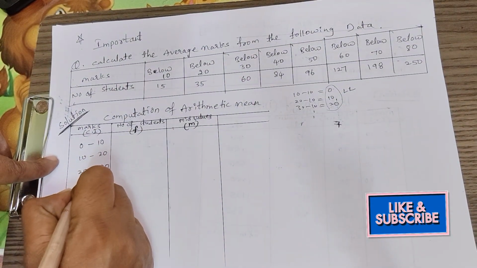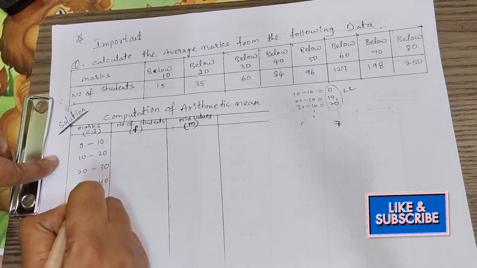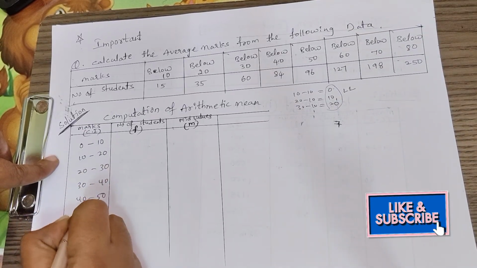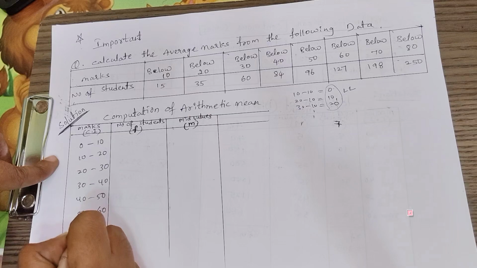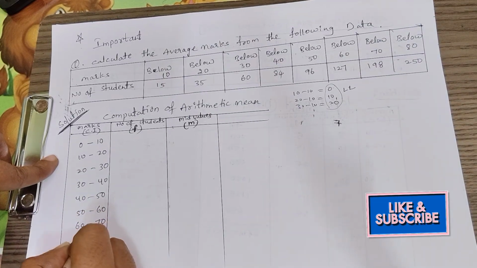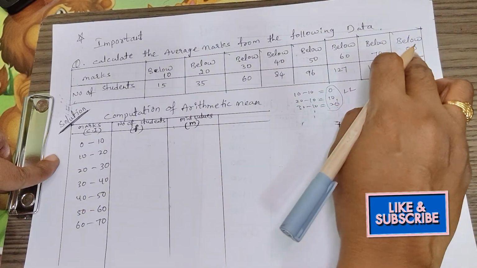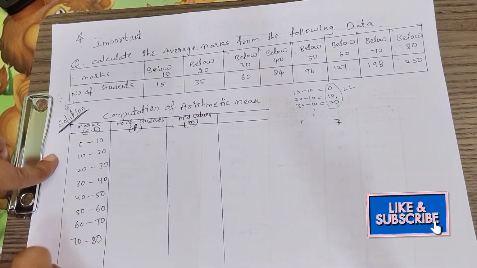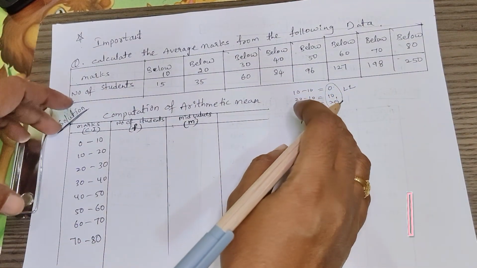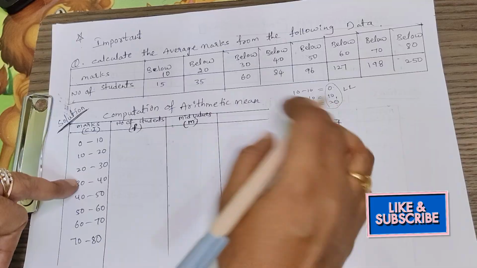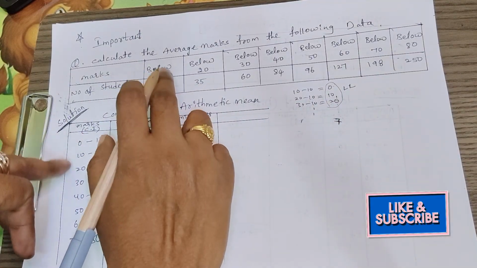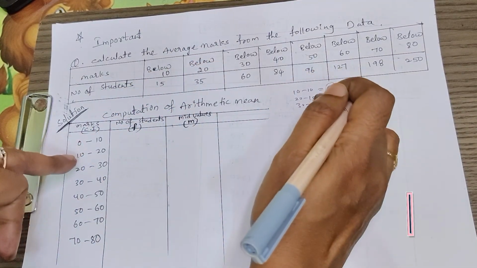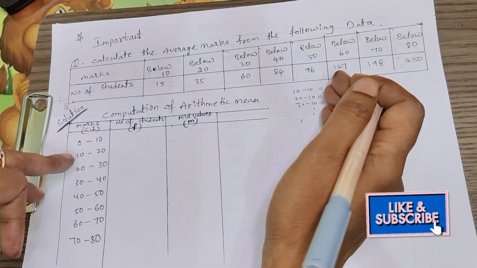Next 30 to 40, 40 to 50, 50 to 60, 60 to 70. What is the lower limit of 80? 70. So 70 to 80. This is the way to calculate class intervals if you have below 10. If it is above 10, just add that difference and you will get the upper limits.